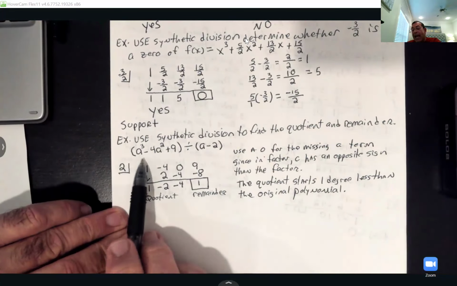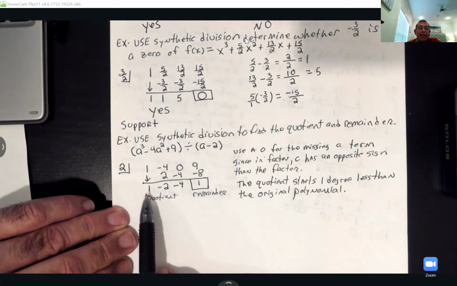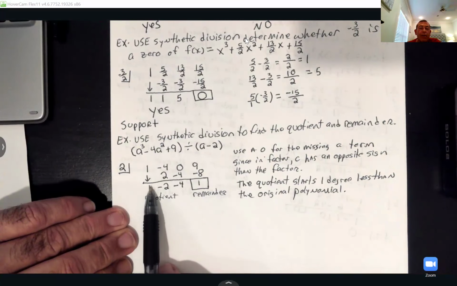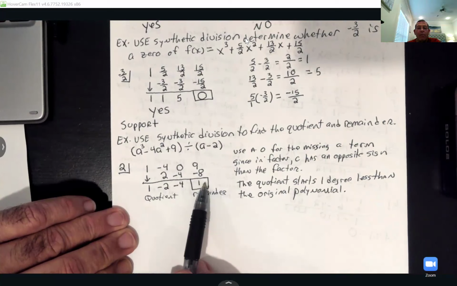So that means since I had an A cubed on my original polynomial, 1 degree less means that this is going to be an A squared here, an A here, and then my number at the end with a remainder of 1.